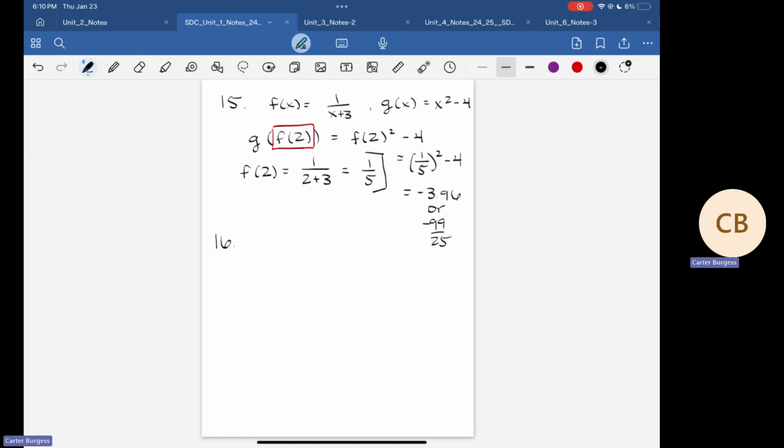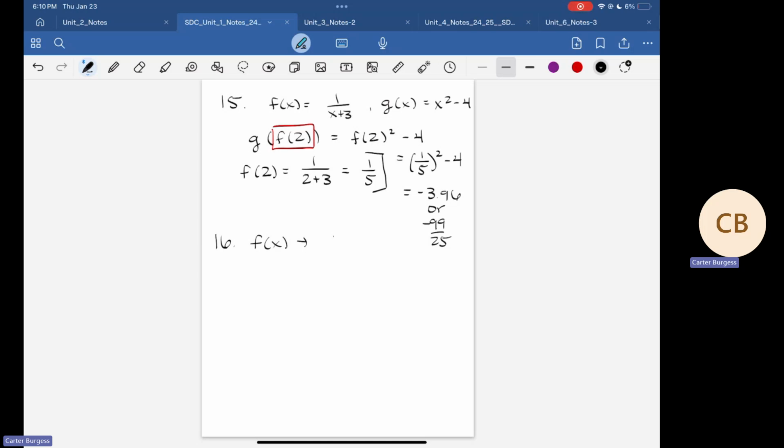Okay, 16, transformations. We are given a function f of x, and we are told that it has been transformed in 2 ways. It has shifted up by 3, and it has reflected about the y-axis, which we should translate as a horizontal reflection. Now, up by 3 is not too bad. y transformations do exactly what you'd expect.